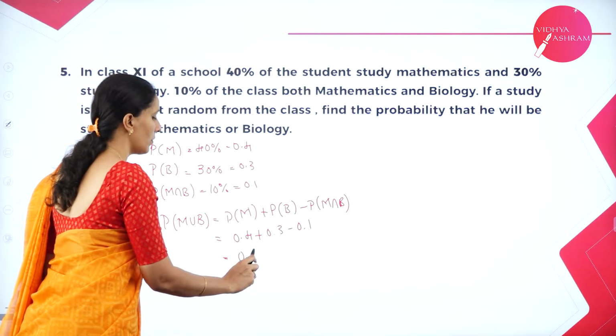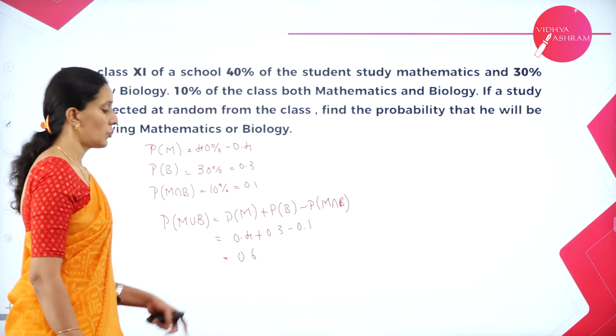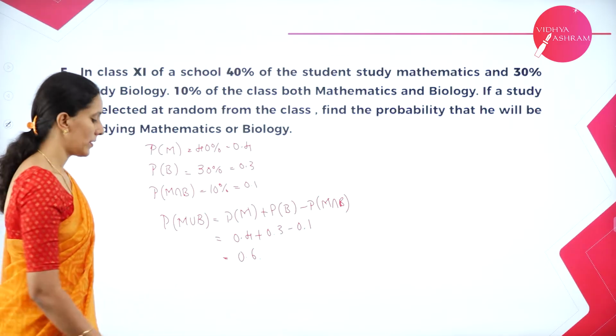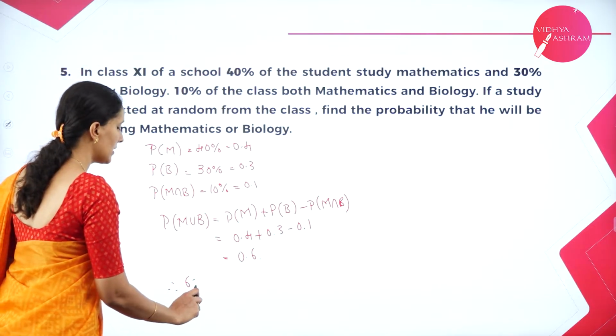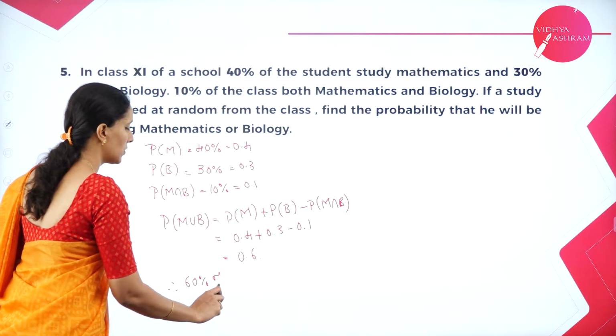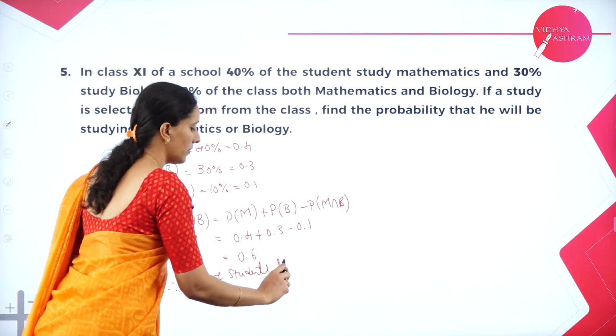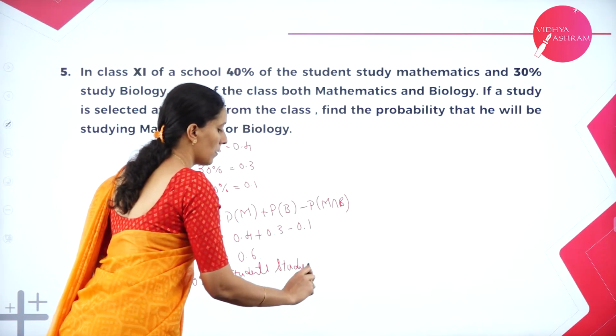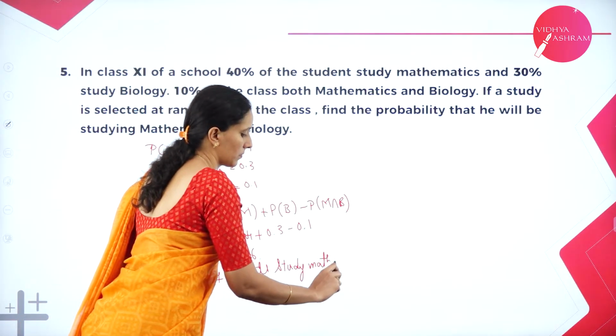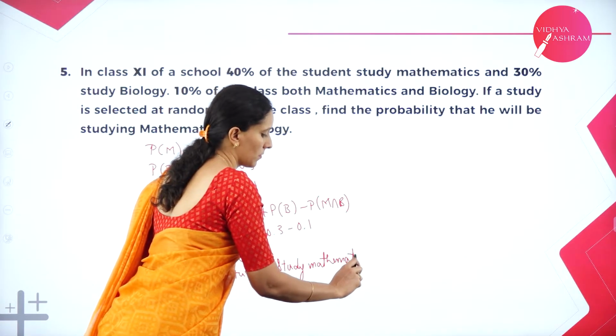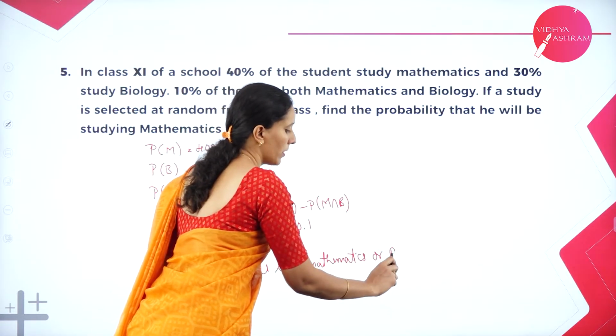So therefore the value is equal to 0.6. So if you convert this into percentage, we can write 60% of students study mathematics or biology.